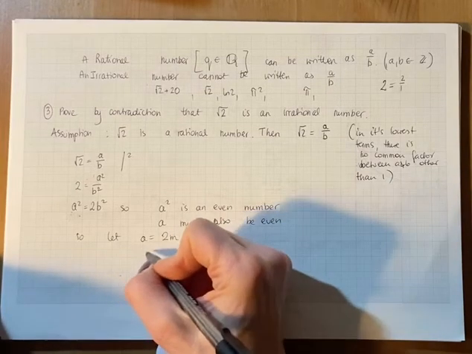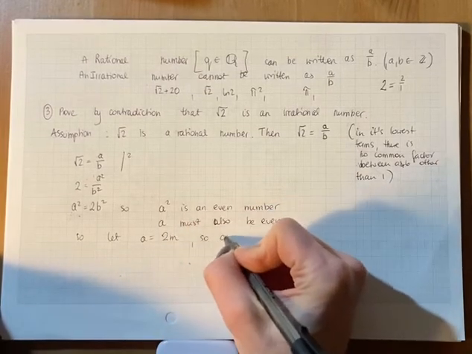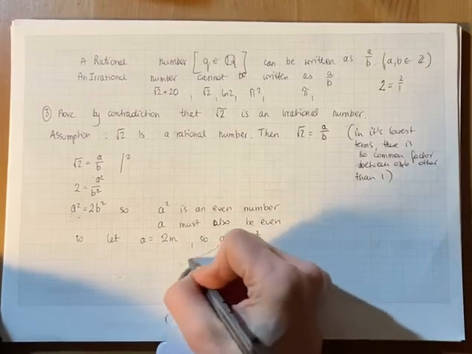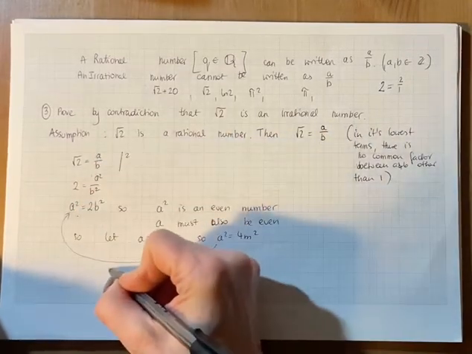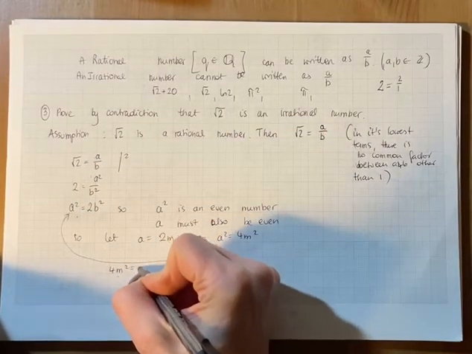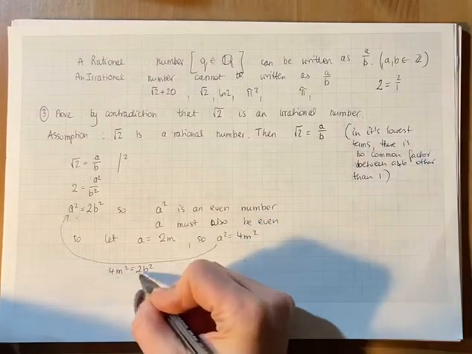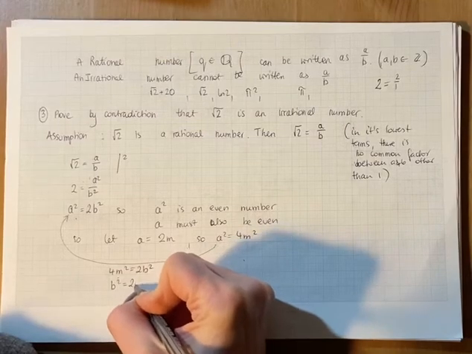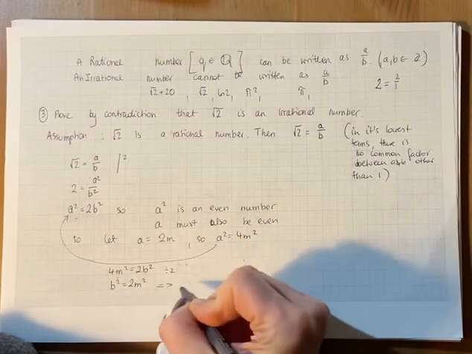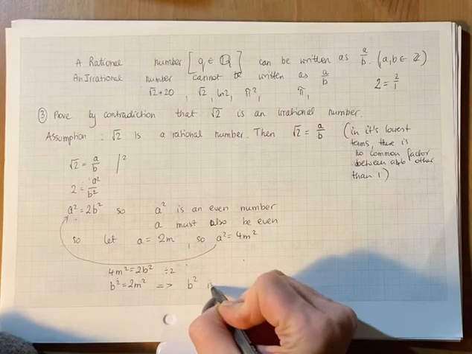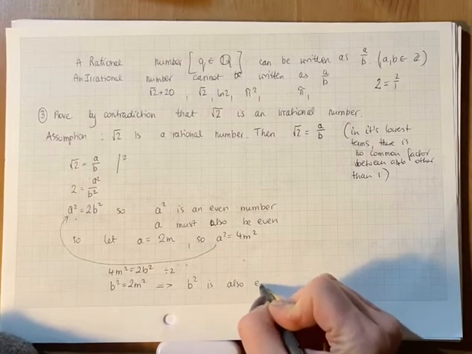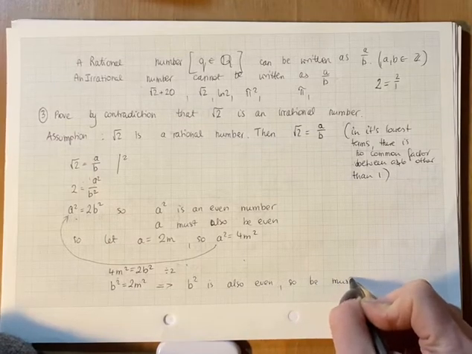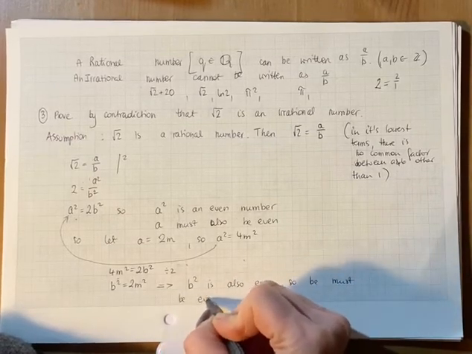So that means A squared must be equal to 4m squared. So if I now replace this with 4m squared, cancel by 2, you will have B squared is 2m squared, which means that B squared is also even. So B must be even.